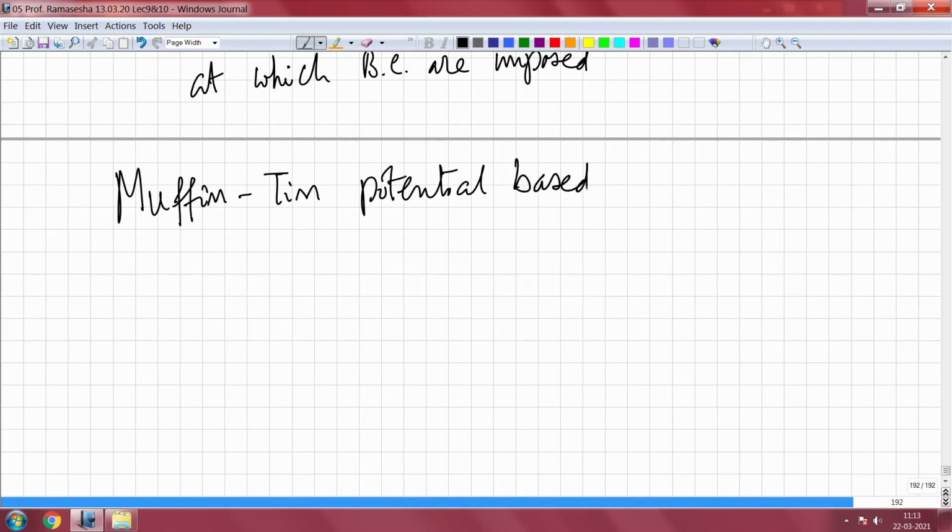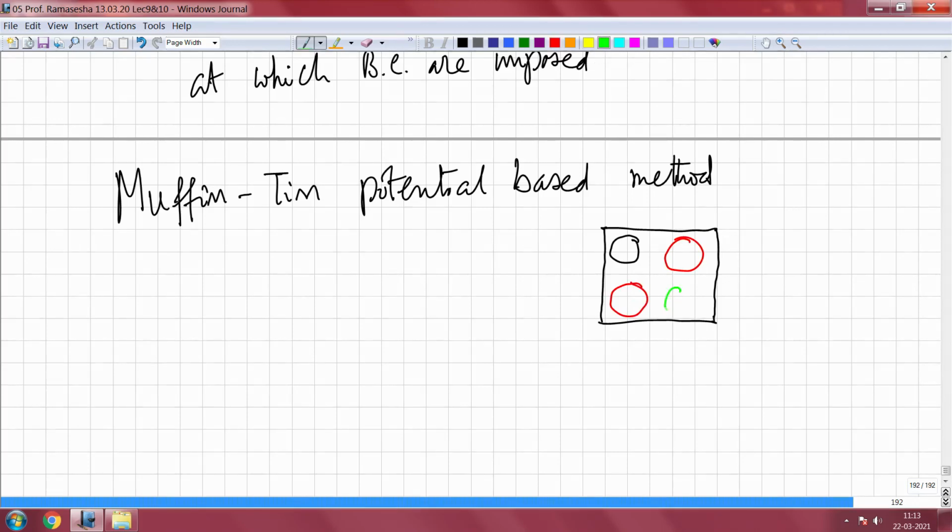These methods are interesting because, if you take a unit cell and you have, say, 4 atoms, let me say you have an atom 1 here, another atom 2 here, a third atom here, and then a fourth atom which is different, maybe here.